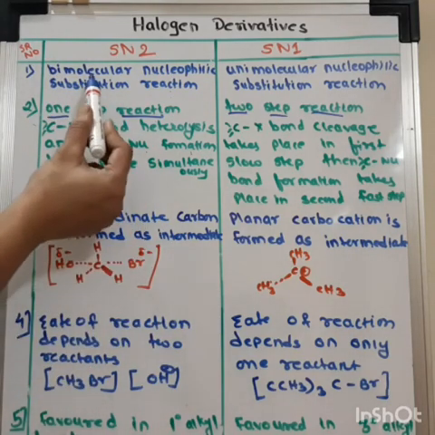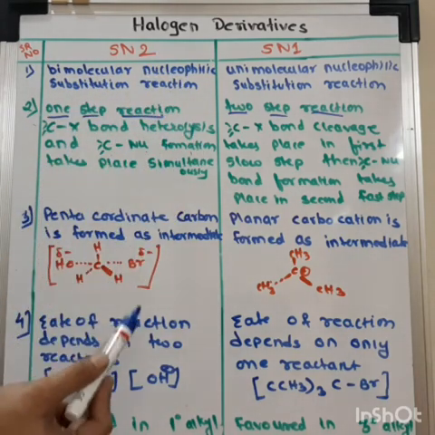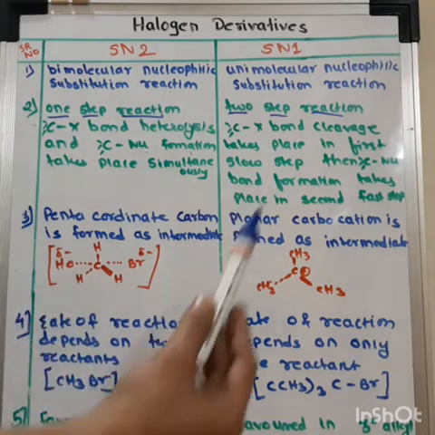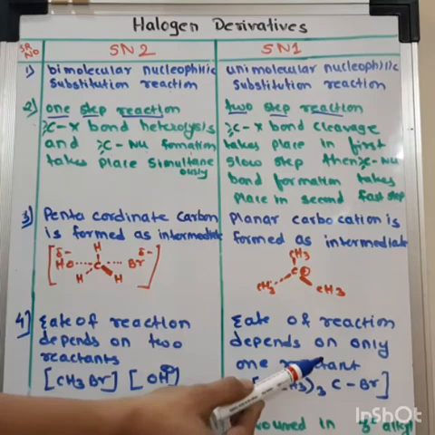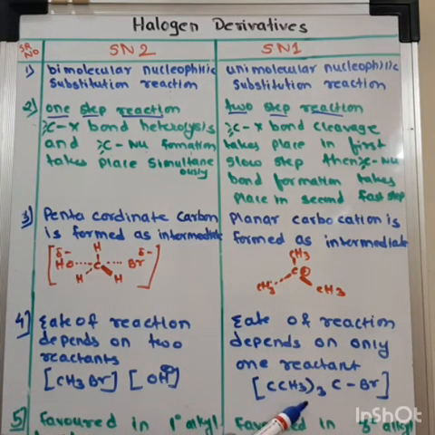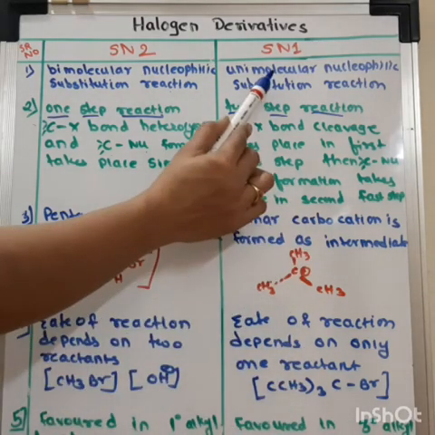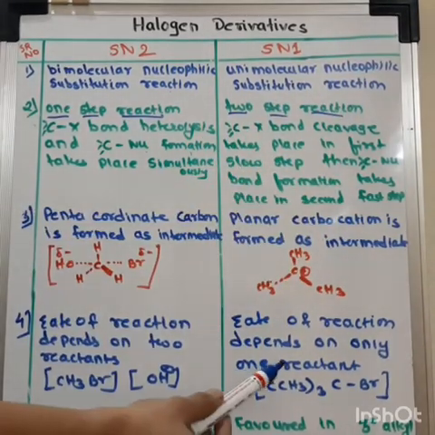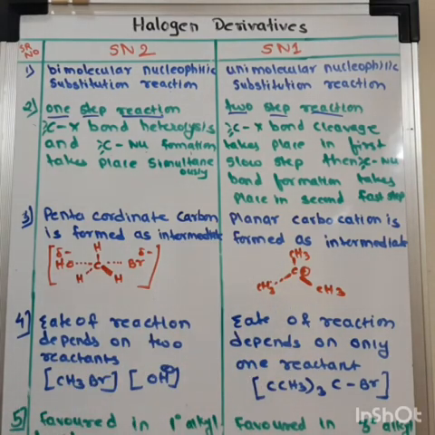So it is called bimolecular nucleophilic reaction, and it follows second order kinetics. Here in the SN1 reaction, the rate of reaction depends on only one reactant, that is tertiary butyl bromide. So it is called unimolecular nucleophilic substitution reaction, and it follows first order kinetics.